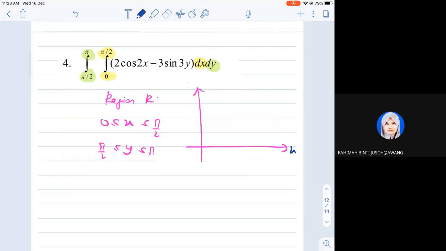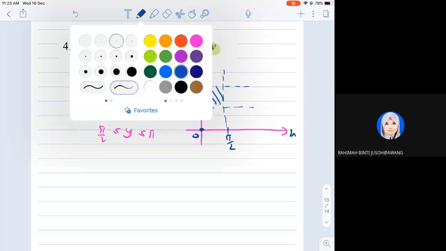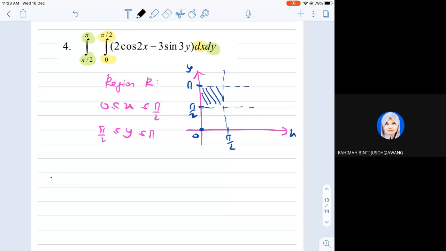So x from 0 until pi over 2, and then y from pi over 2 until pi. So you will have this region.